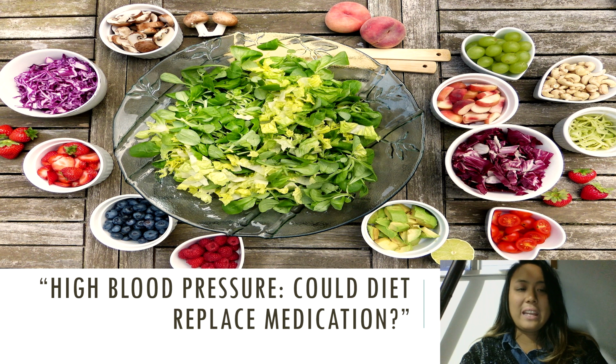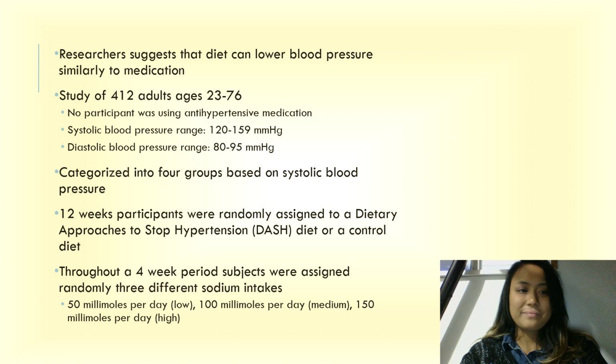This special diet they referred to was the DASH diet, which stands for Dietary Approaches to Stop Hypertension. This diet is quite simple. The idea is to eat more fruits, vegetables, and low-fat dairy foods while avoiding foods that are high in saturated fat, cholesterol, and trans fat.